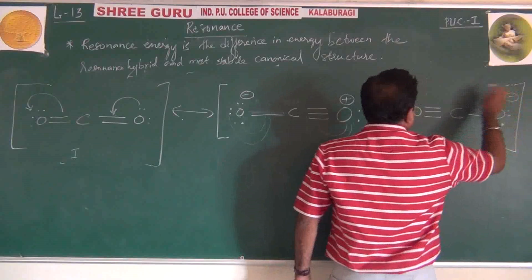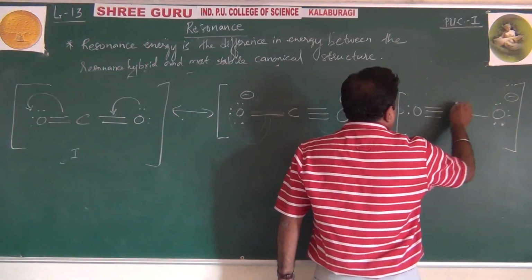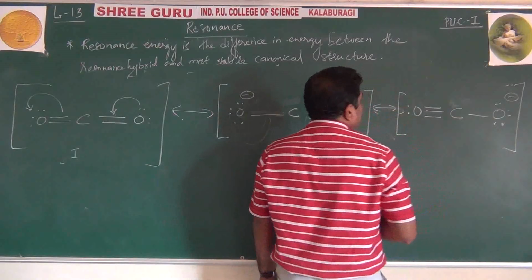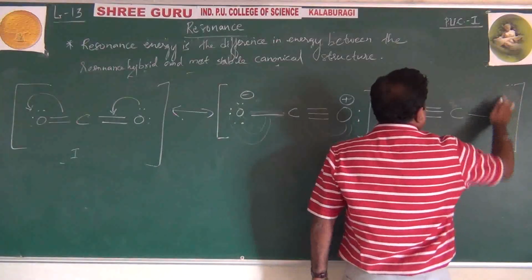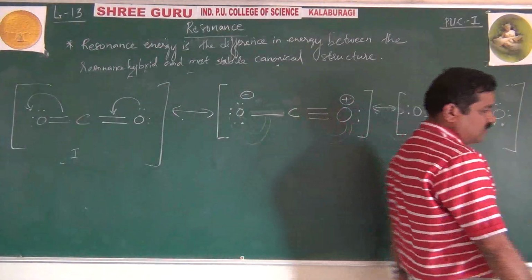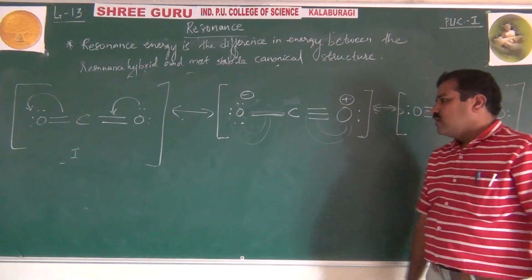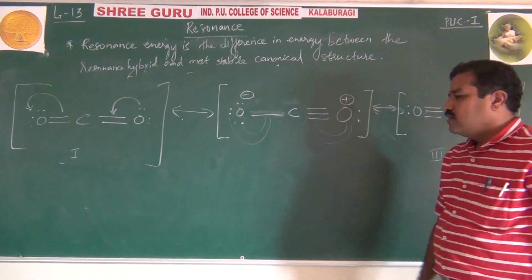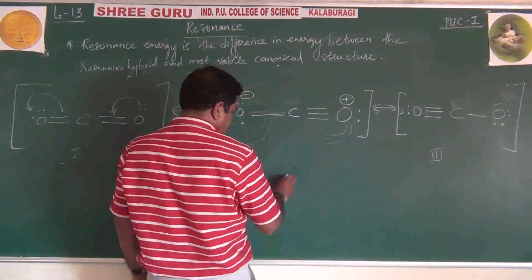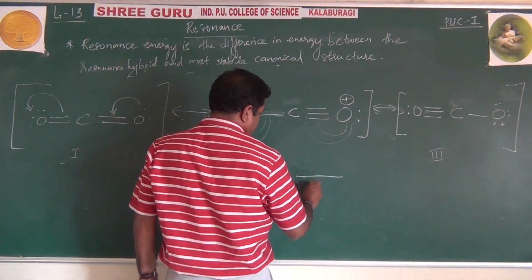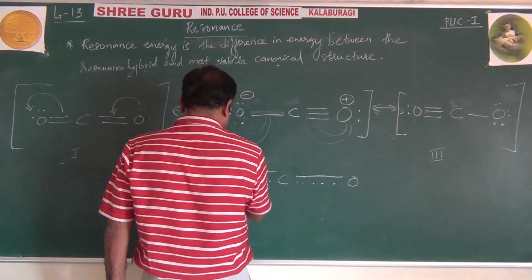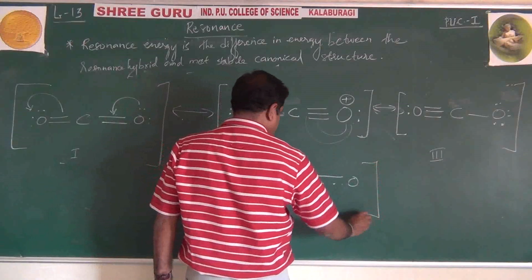So this is negative and this will be neutral. Like this, the bonds shift from one position to another. This is the third resonance structure. That's the resonance hybrid for this one again, already written: double bond, over and down. This is the resonance hybrid.